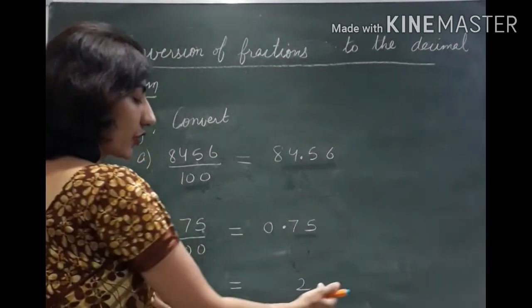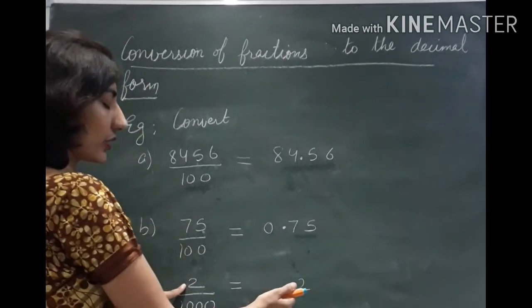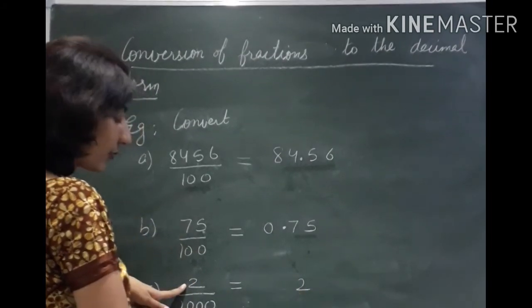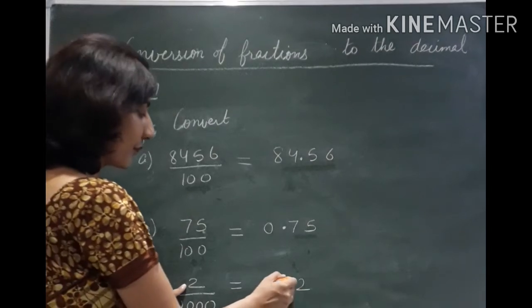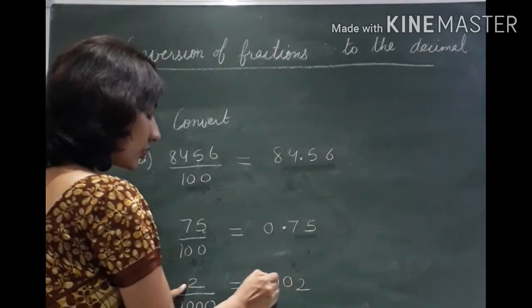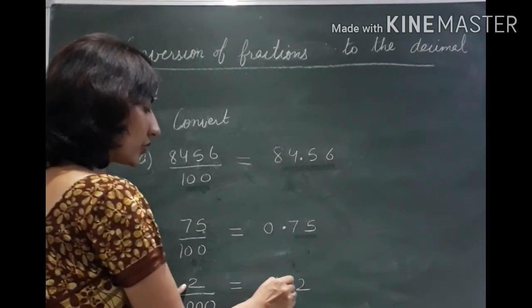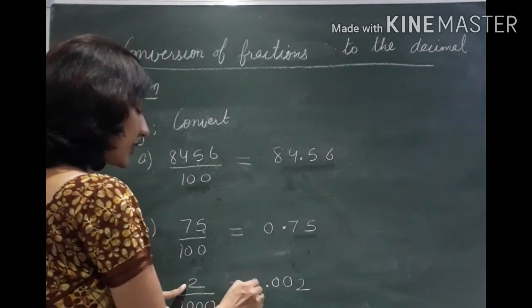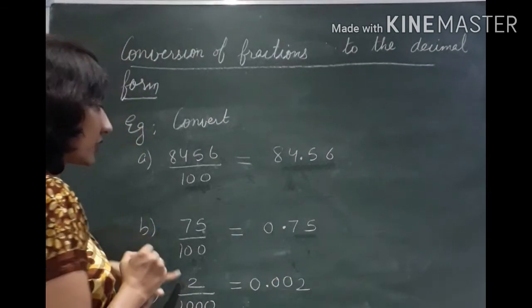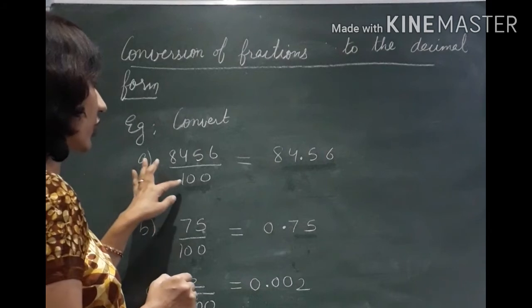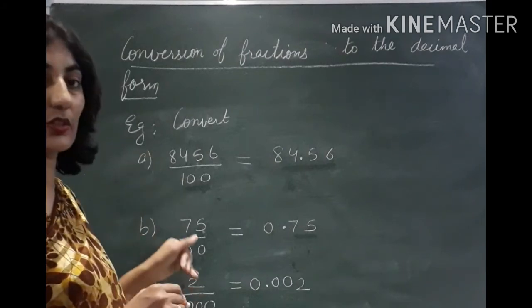So from the right-hand side I will start counting and leave 3 digits. So for 2, if nothing is there I will add 2 zeros. So it will become 0.002, and in the whole number part 0 will come.